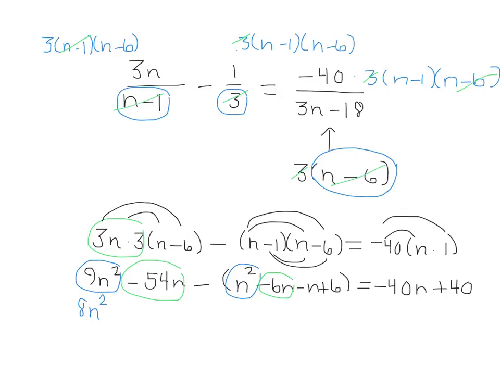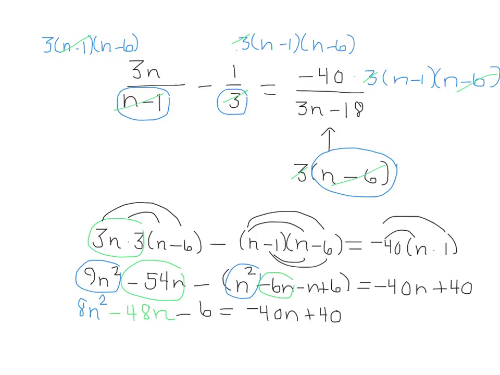A double negative makes it positive. Negative 54n plus 6n is negative 48n. And then what we have remaining is minus 6. On the right side, negative 40n plus 40 cannot be combined.